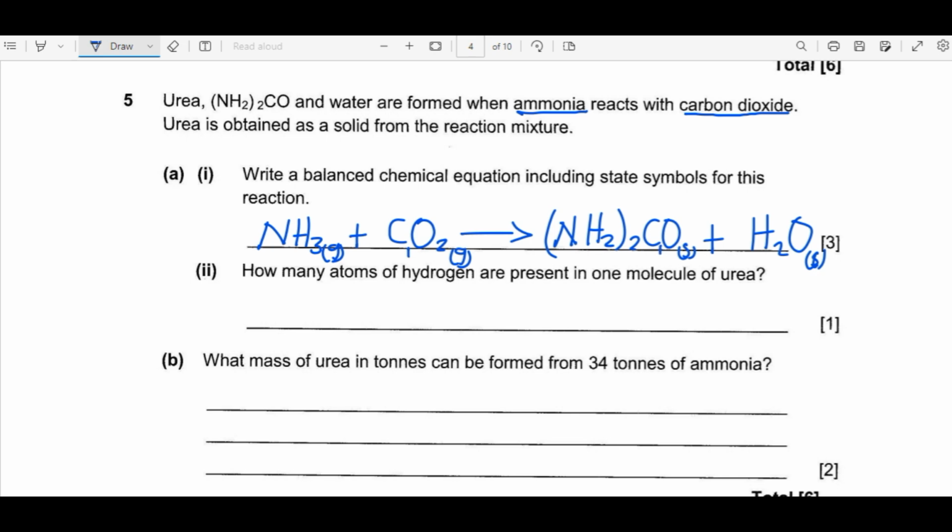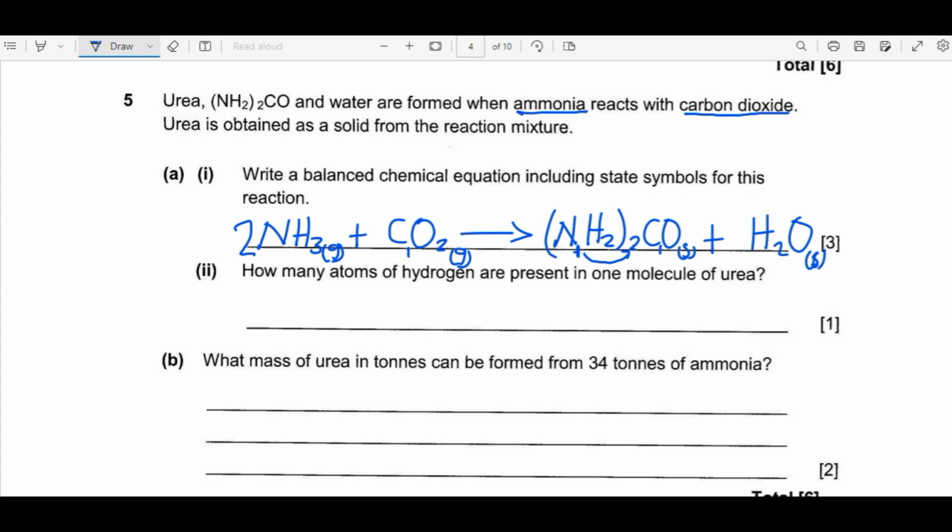Now let's check for nitrogen. So now for this one, we have 2 atoms of nitrogen because inside here there is a 1. So whenever there is a 1, you multiply with this subscript here. So 1 times 2 is 2. So this means that in 1 molecule of urea there are 2 atoms of nitrogen. So we are going to put 2 here. So nitrogen is balanced.